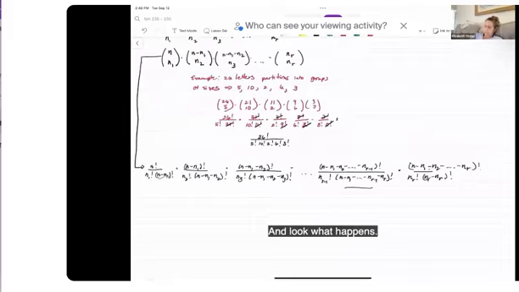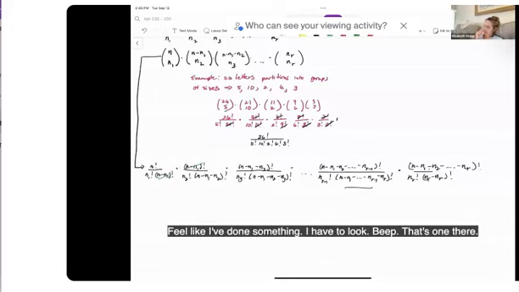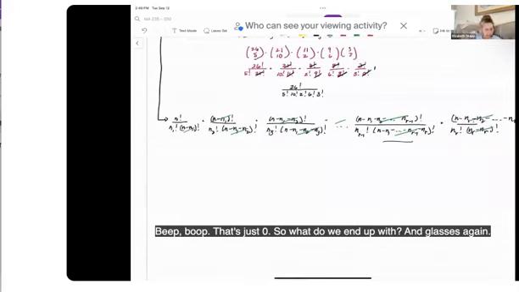Everything cancels. That's just 0 factorial.